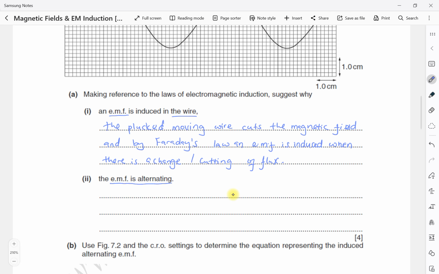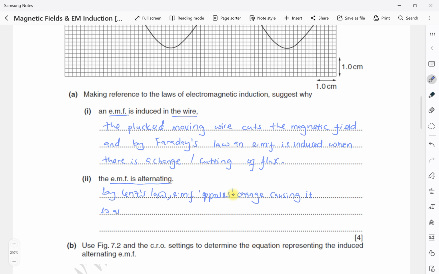So by Lenz's law, the e.m.f. acts to oppose the change causing it.